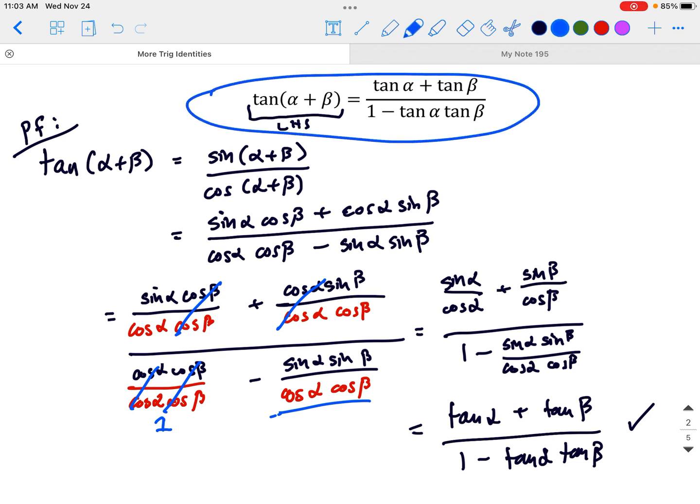So again, a very useful one that's going to pop up, and a little bit more complicated of an expression, but you've got a sum over a difference, and then you've got a product subtracting from 1 here. So a little bit less important than the sine or cosine sum identities, but still going to be very useful.